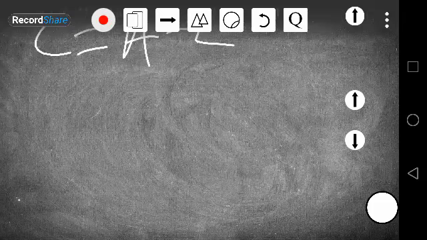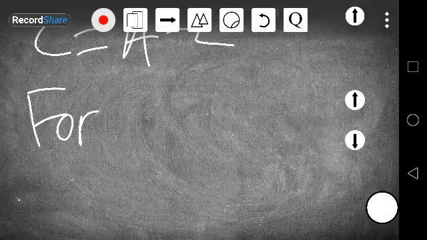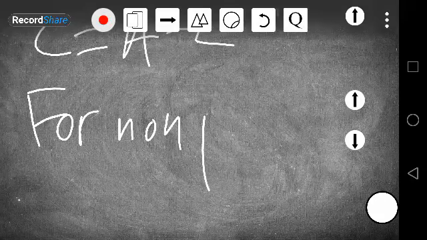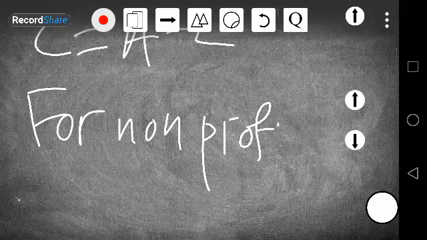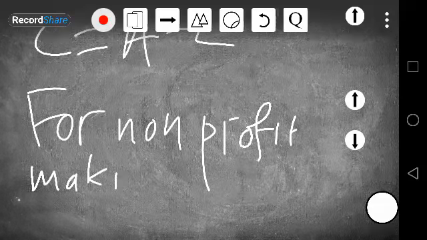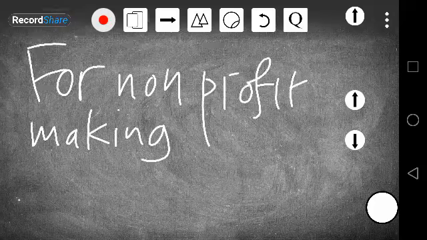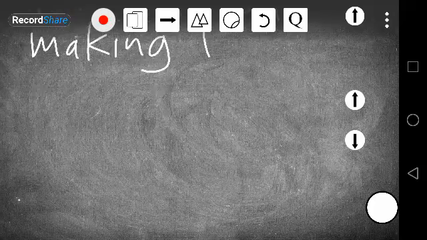But for a non-profit making organization, we have what is known as accumulated fund.